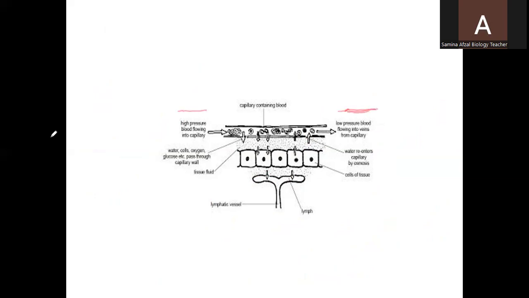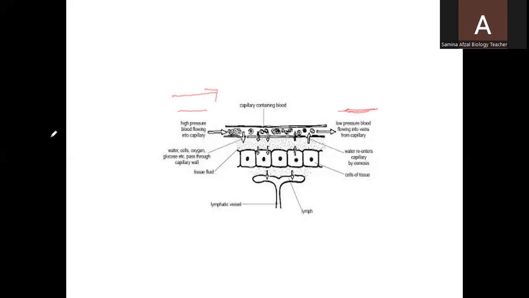High pressure means the blood is flowing from the arteries towards the capillaries, and from capillaries to the veins. During this, the exchange of gases is taking place. That is, oxygen enters the tissues and carbon dioxide enters the blood capillary. So in this way, exchange of gases takes place.